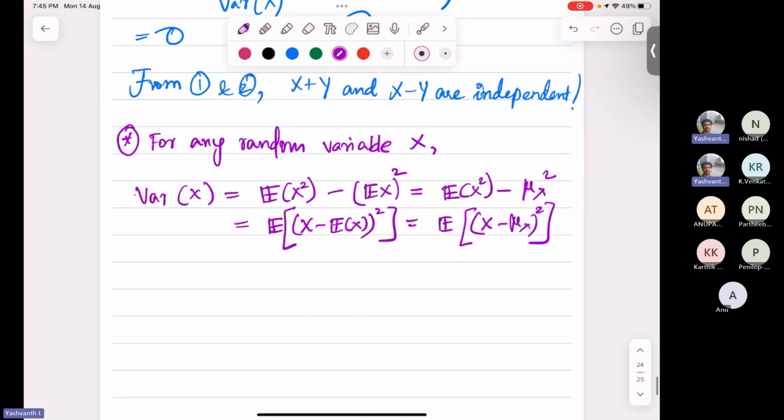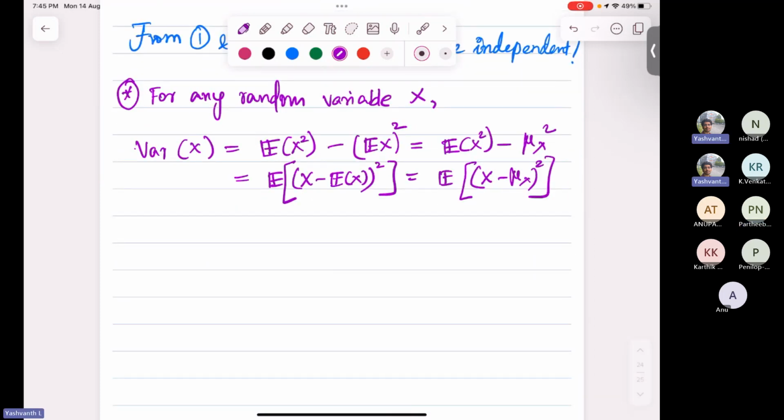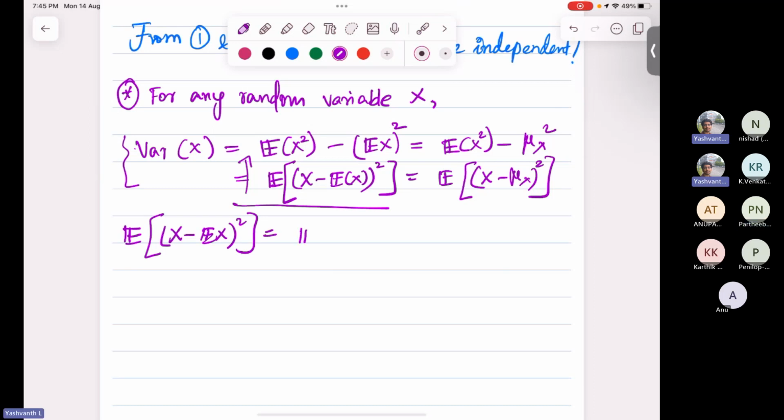In fact, this is not very difficult. You need not memorize. In fact, let me show how this is true. If you say expectation of x minus expectation of x, let me just expand this. This is the same as expectation of x minus mu square, because mu is used to denote the mean of the random variable x, mu x. Now let me just do a minus b the whole square.